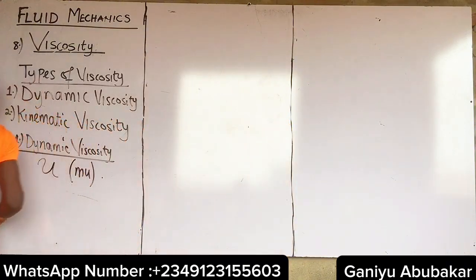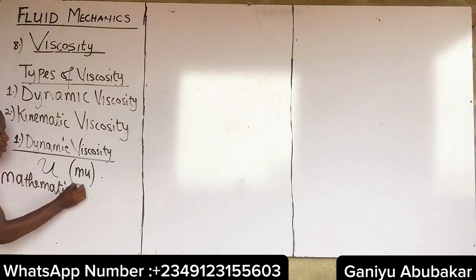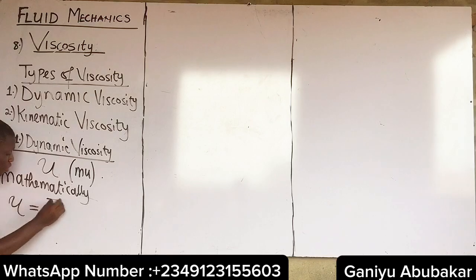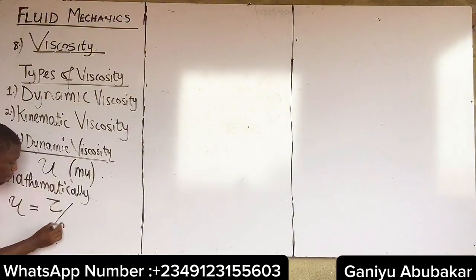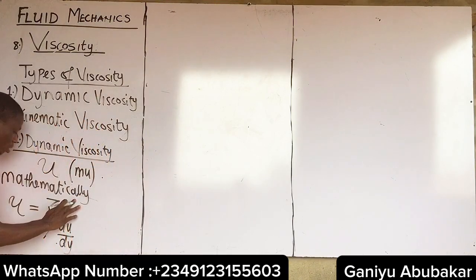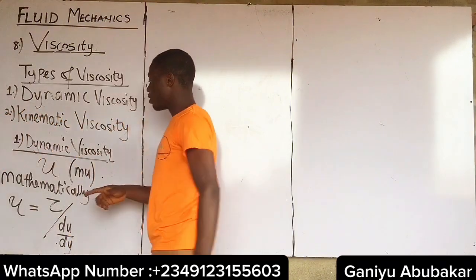Mathematically, dynamic viscosity, known as mu, is equal to the ratio of shear stress to what? Velocity gradient, the du over dy. So this is the mathematical expression for dynamic viscosity, known as mu.